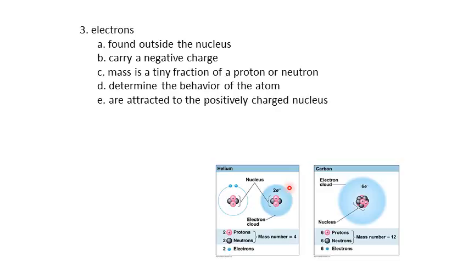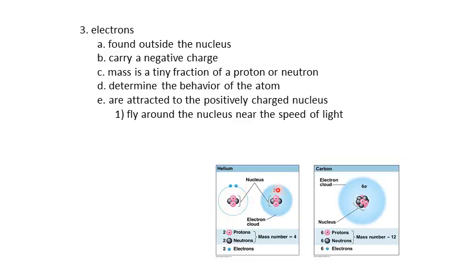As I said a bit ago, these negatively charged electrons are attracted to the positively charged nucleus, but they don't go in and stick to the protons, because they still have this tremendous amount of energy that enables them to fly around at about the speed of light. Now, when you look down here at, say, helium, you see that they've placed in the left drawing the 2 electrons on this circle, this line, and the truth is it gives the false impression that the electrons are like a train on a track, and they stay on that line, and that's not the case at all.